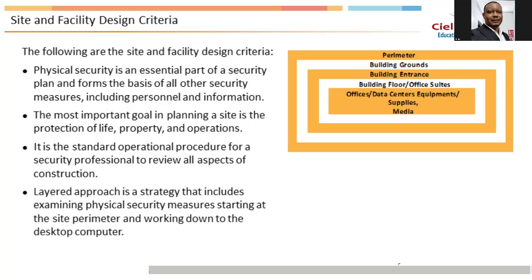physical security. That's why we mentioned that physical security is an essential part of a security plan and forms the basis of all other security measures, including personnel and information. Every other thing we have said here, don't forget, is governed by physical security. If there's a bomb explosion in our office, for example, maybe everything will crumble.